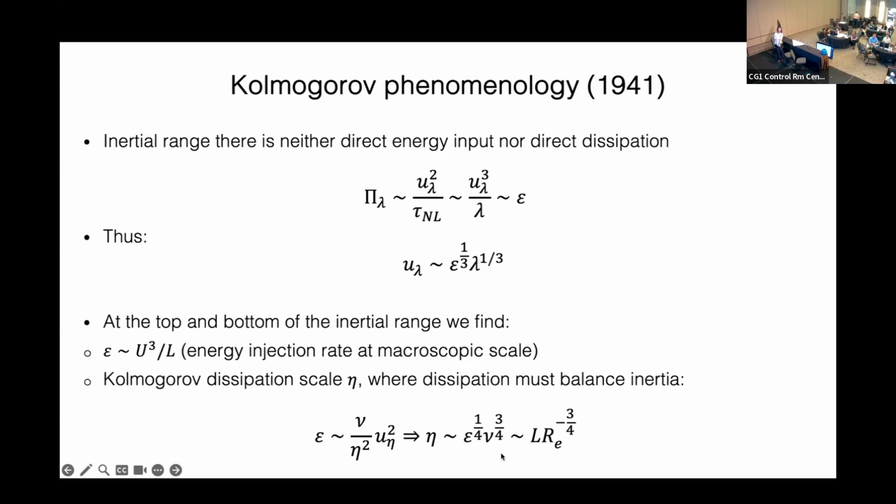When we balance dissipation with our injection rate, we find the scale at which the viscosity becomes dominant over the nonlinear term. This is called the Kolmogorov scale, and it is proportional to the macroscopic length L times the Reynolds number to the -3/4. So the higher your Reynolds number, the longer your inertial range is going to be, such that you can achieve balance between injection and dissipation.